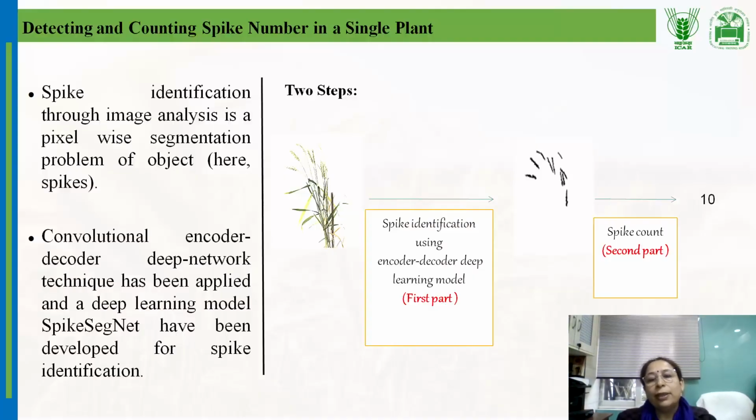In this case, our region of interest is the spike, which we are considering as an object.